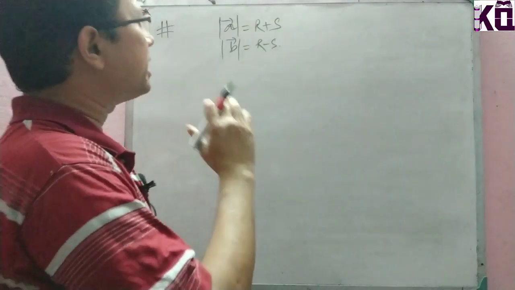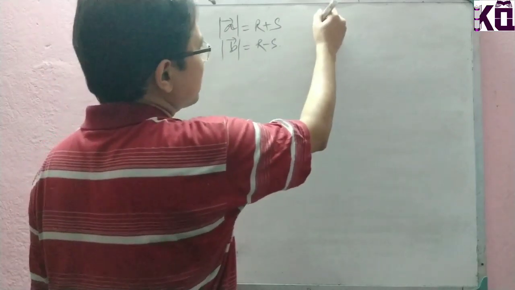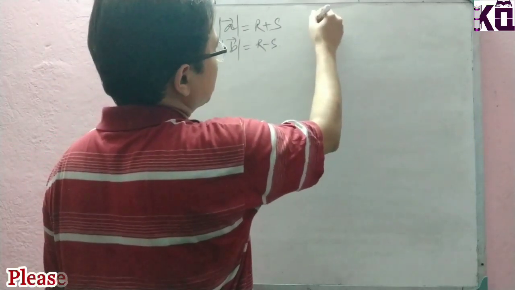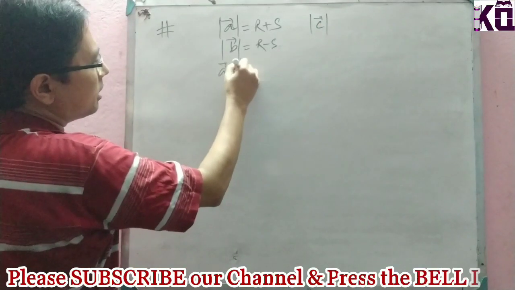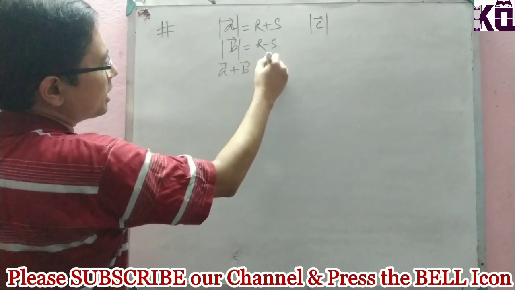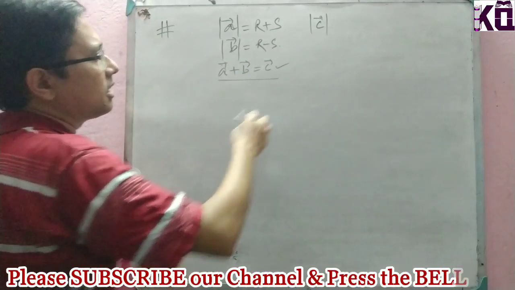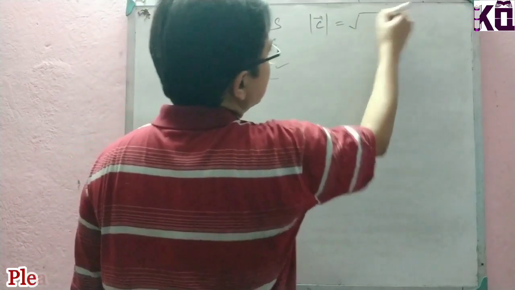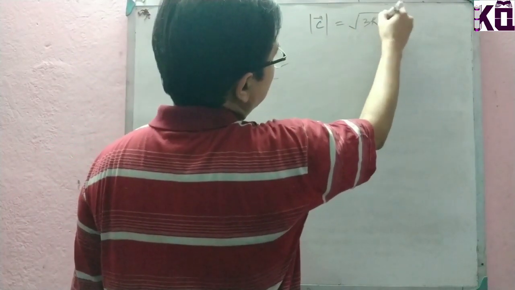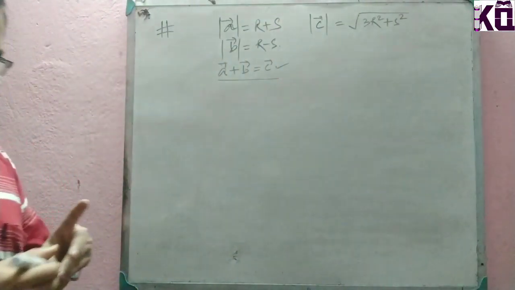We have to identify the angle between a and b, so that if I add a and b we get the resultant vector c, and the magnitude of this c vector is root of 3r square plus s square.